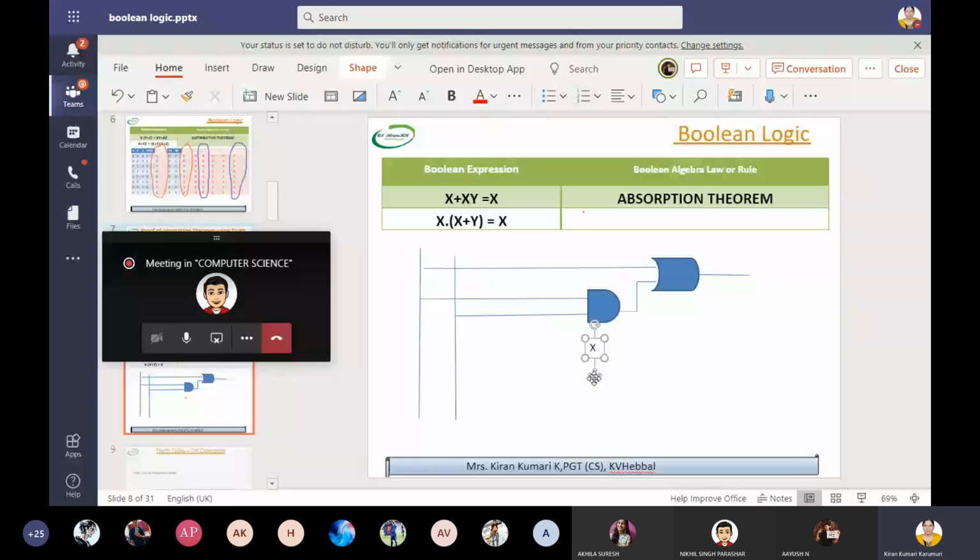This is X. What is this line, children? Y.